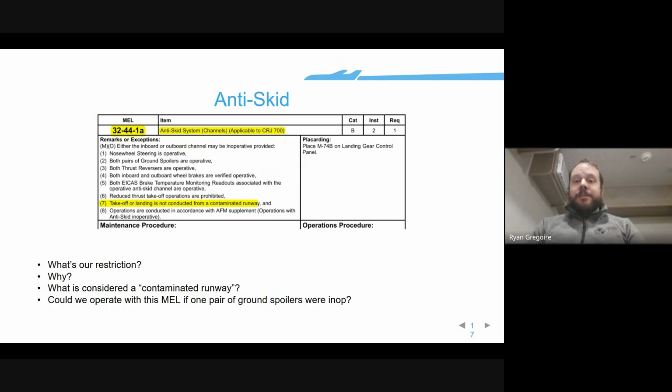So in that case, you will get a weight restriction when you are doing your performance calculations that is lower than that max takeoff weight, max landing weight that we talk about when we're talking about systems. And that's because in this case, for instance, in order to safely stop the aircraft, it can't carry that much weight.